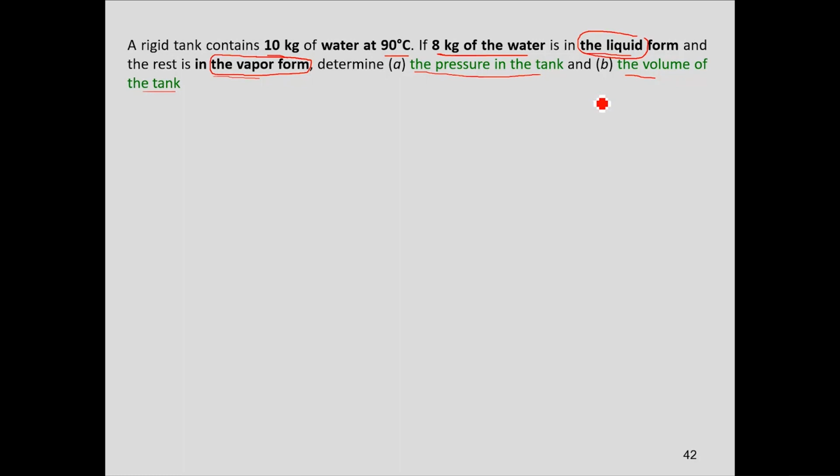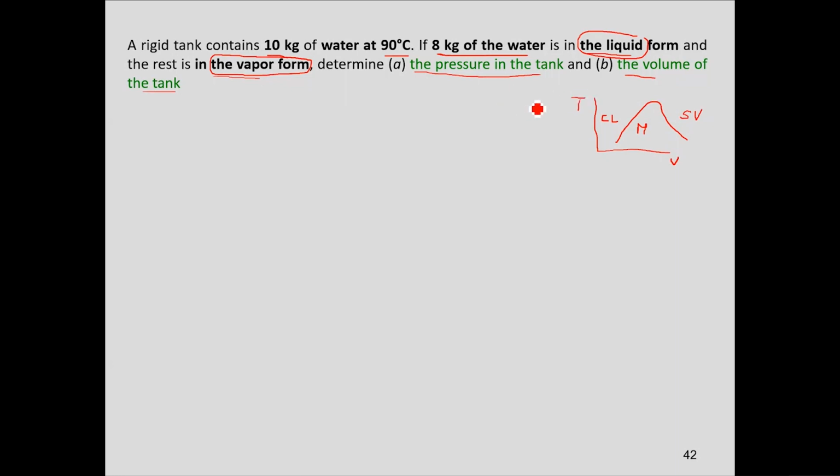If you remember, let's say I draw a temperature versus specific volume plot. Number one, your system contains liquid. This is the compressed liquid state, this is the mixed state, and this is superheated vapor. Where do you have both of them, liquid and vapor, coexisting together?